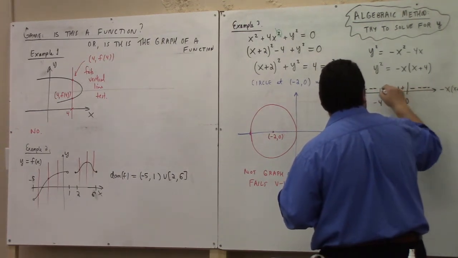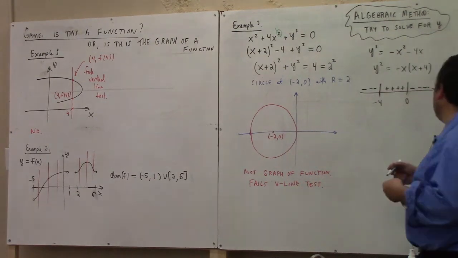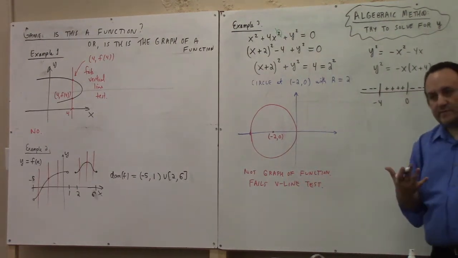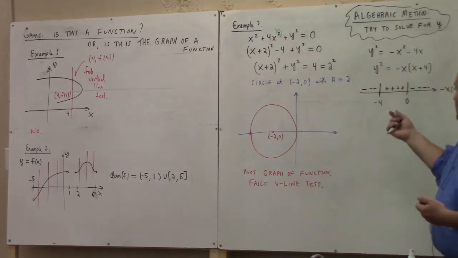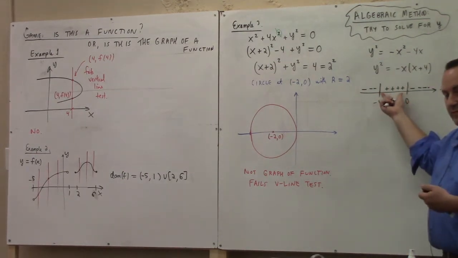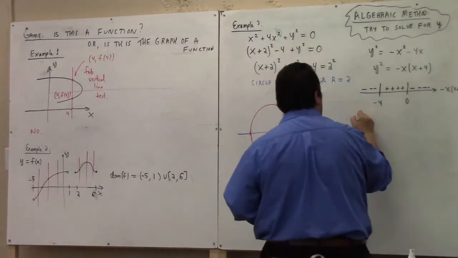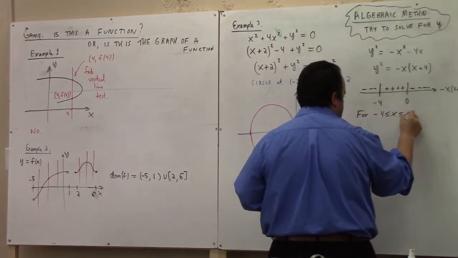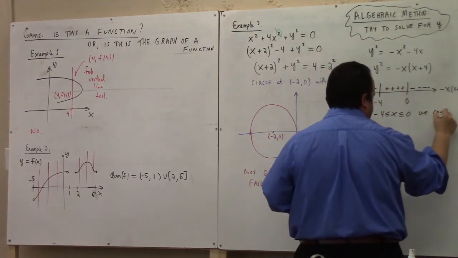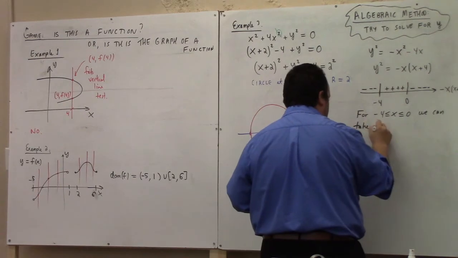So if we're going to solve the equation above, the only place where we can reasonably solve it and hope that the solution is real is when x fits into this positive region, or the edges, right? So what I'm trying to say is, for minus 4 less than or equal to x less than or equal to 0, we can take the square root.